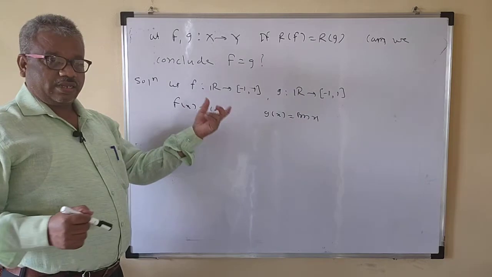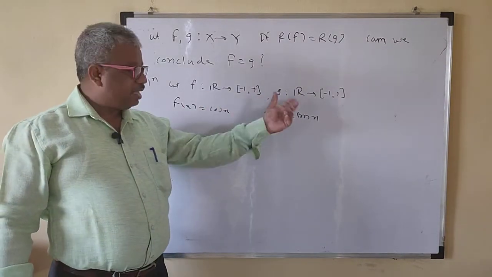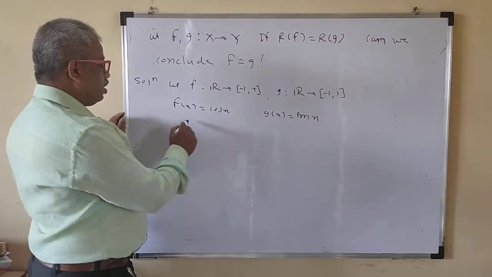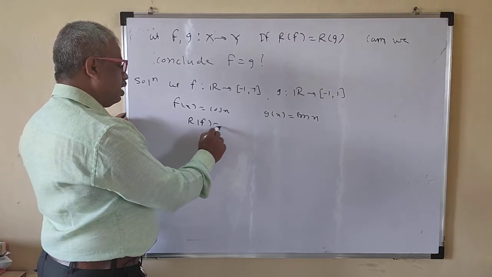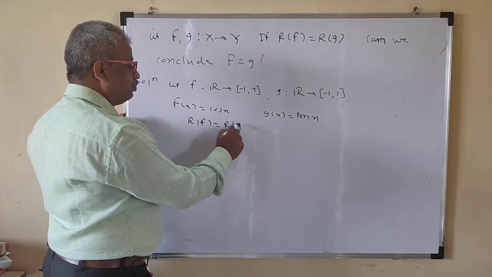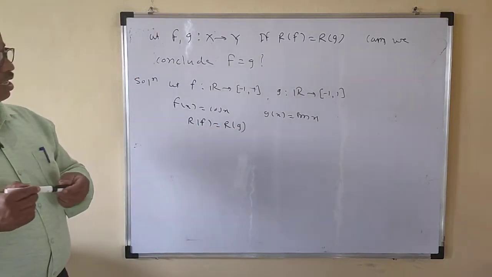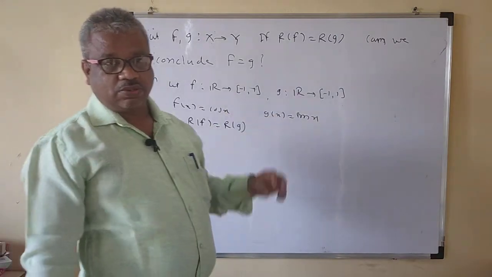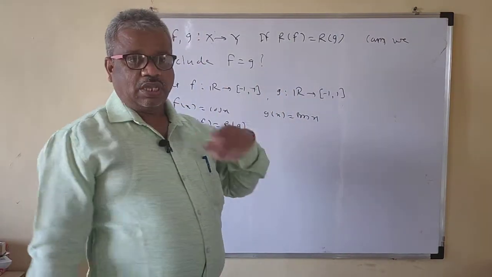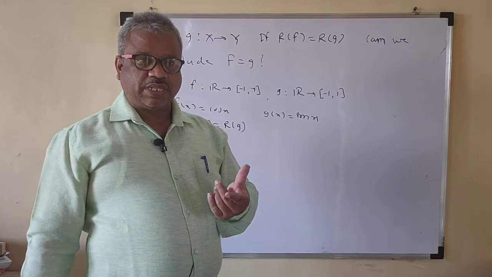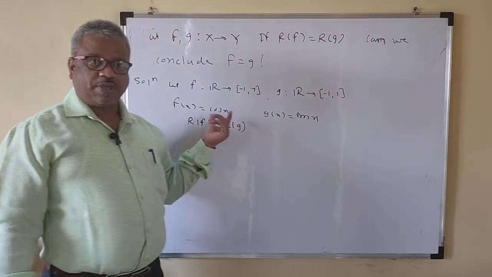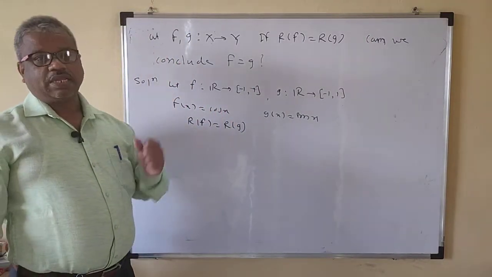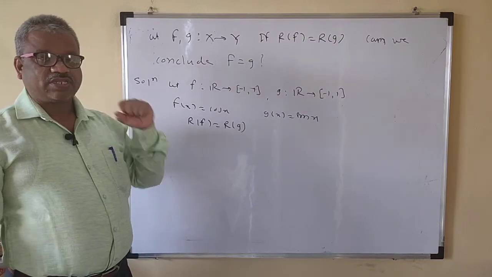Now you know that cos x lies between minus 1 and 1, sin x also, right? So here the range of f is the same as the range of g. If it is not possible to prove f is equal to g, take a counterexample such that the range of f and range of g are the same, but f is not the same as g.